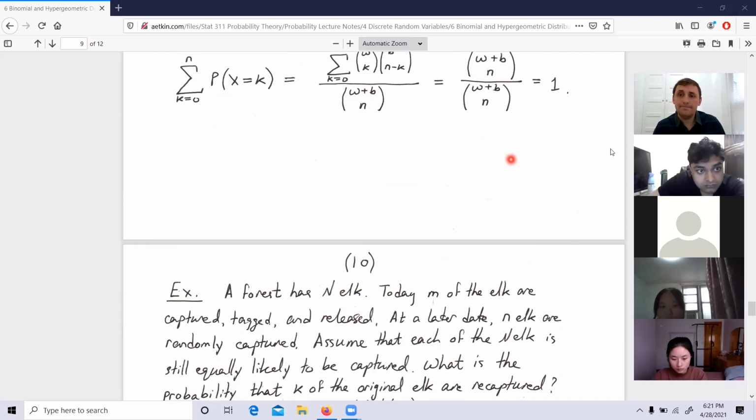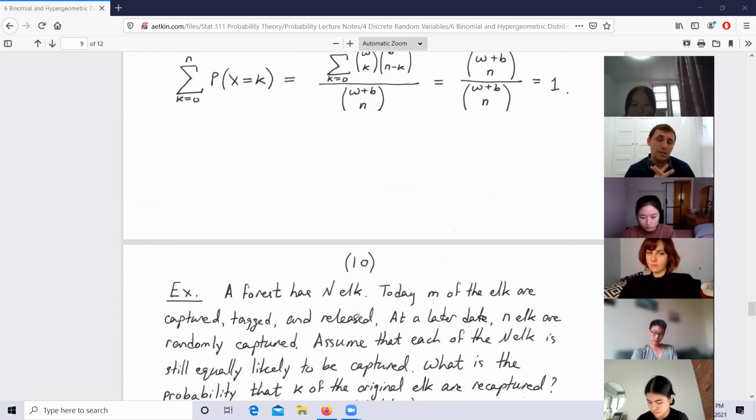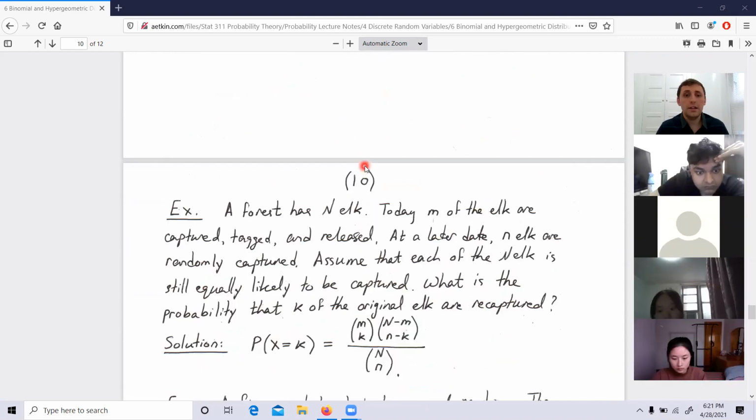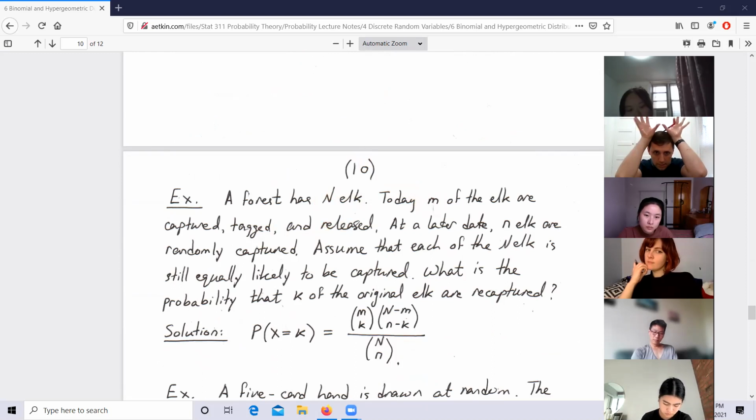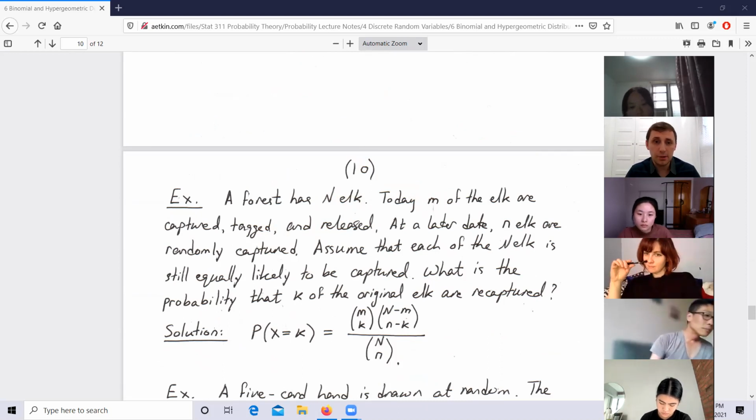Now, this is, by the way, an allegory. In a forest, there has been an elk. Today, M of the elk are captured, tagged, and released. You know what an elk is, yes? Do you know what it is an allegory for, of course?